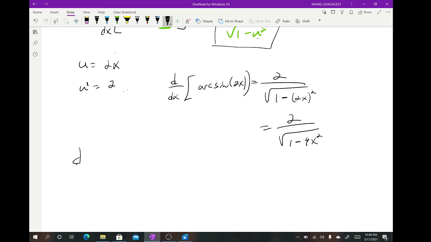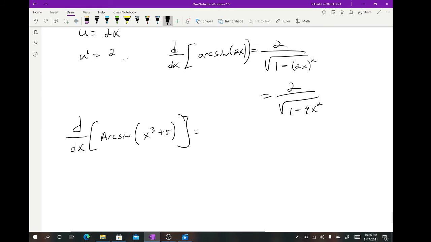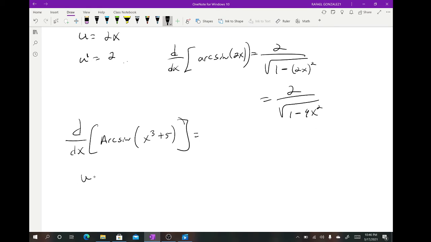For example, if you're told to find arc sine of, let's say, x cubed plus 5, then again, you simply let u be x cubed plus 5, which means that du, the derivative, is going to be 3x squared. Sometimes I will write du or u prime.